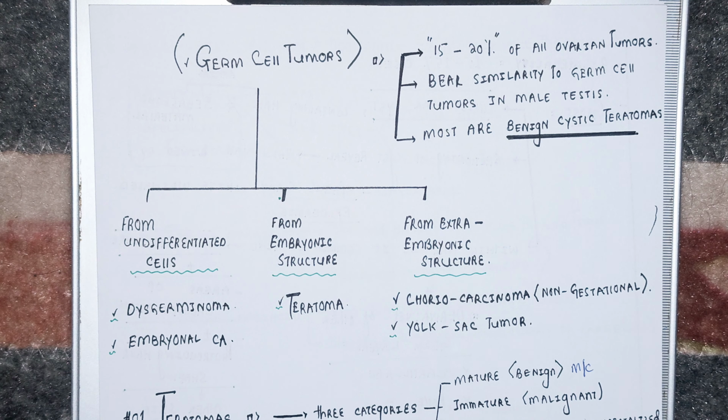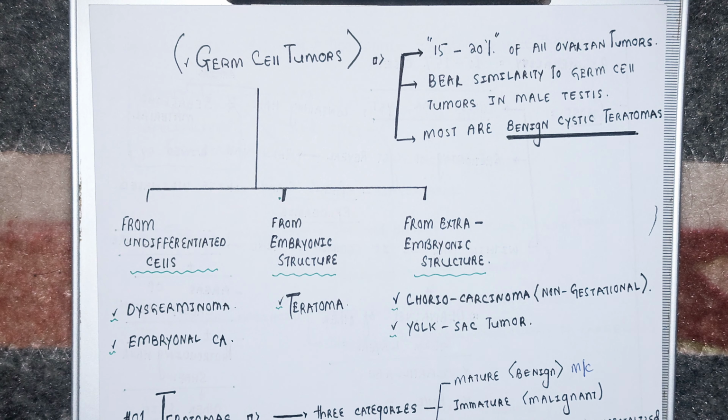It can be benign, that is very much mature, or it can be malignant, that is immature, or it can be monodermal or highly specialized teratoma. You will better understand all these three when I talk about them separately. So starting with the most common teratoma, that is the benign mature teratoma, then the monodermal teratoma, and then the immature malignant teratoma. Let's start with the mature, that is the most common benign teratoma.